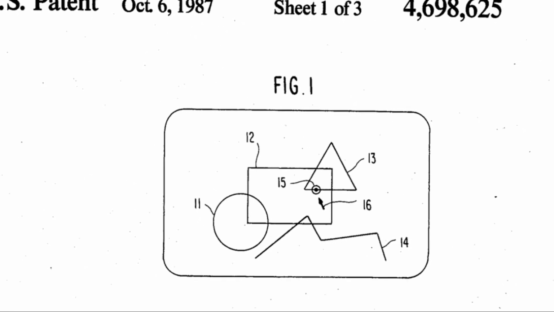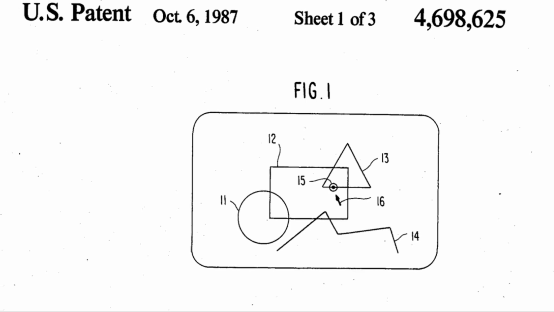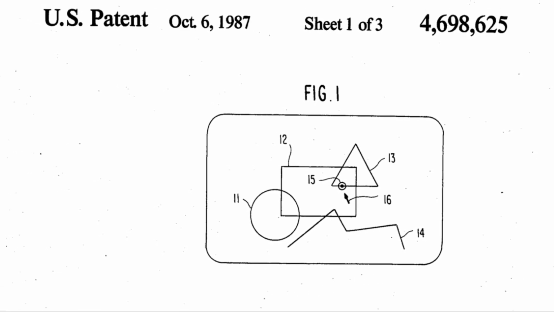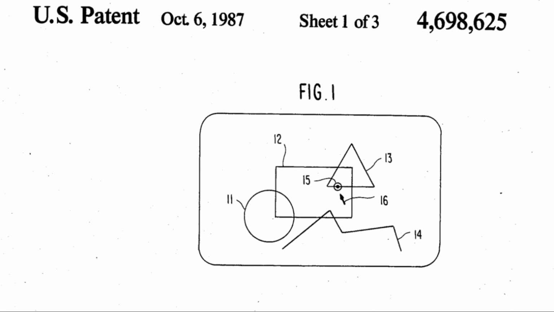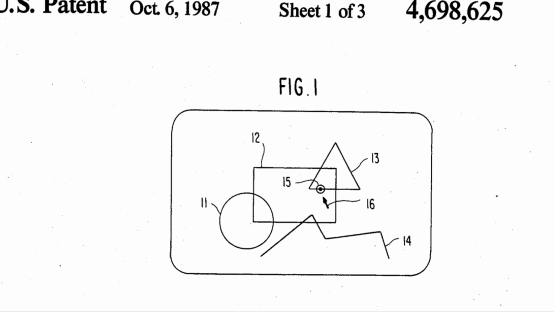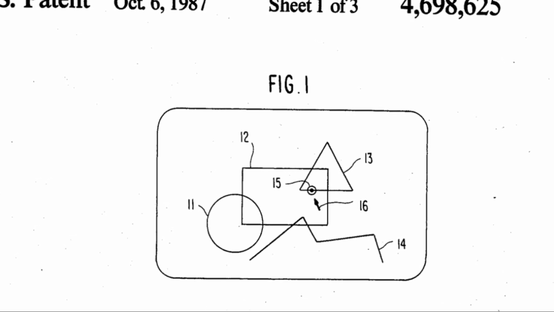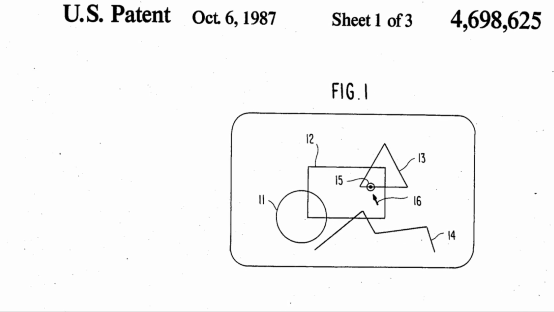Slope equals (y2 - y1) / (x2 - x1), then compute the intercept from x1 and y1, and distance equals the square root of the squared differences from x0, y0. If distance is less than nearest distance, then set nearest distance to distance, set nearest xy to xy, set pointed object equal to current graphic object.